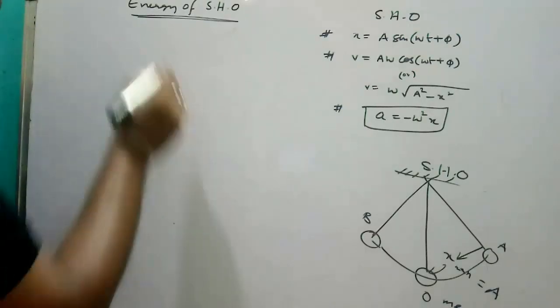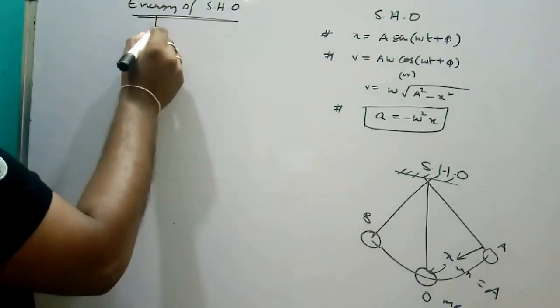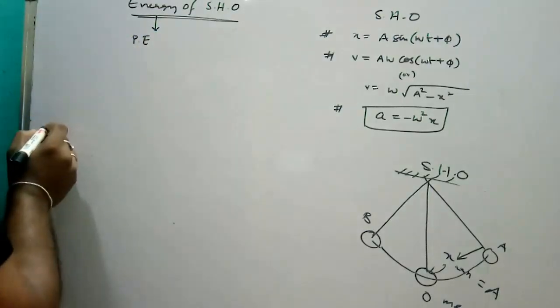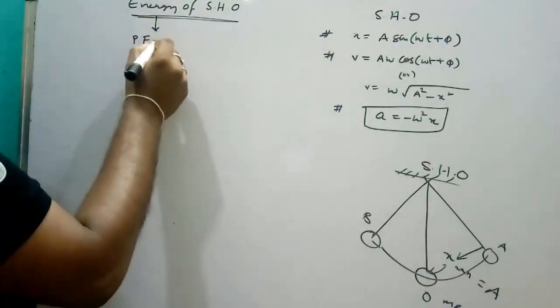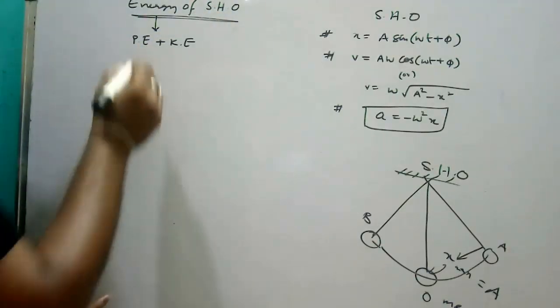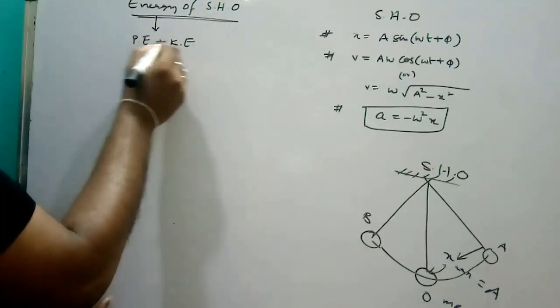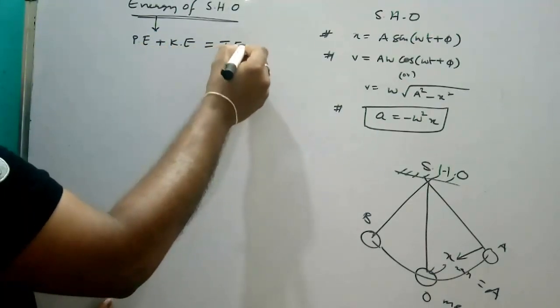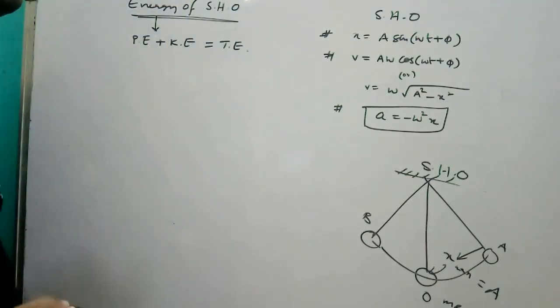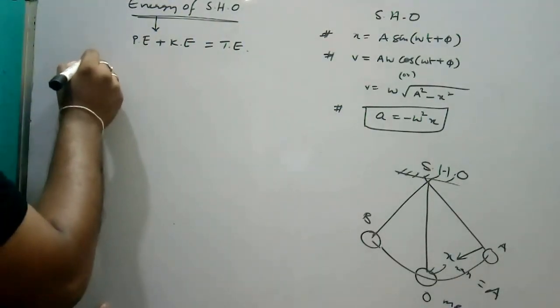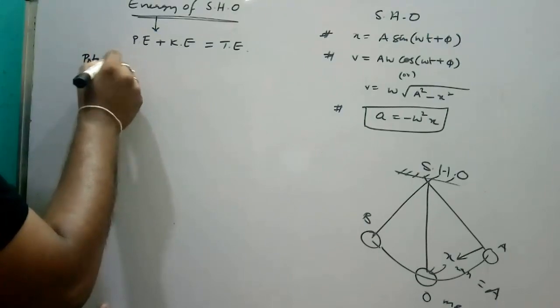Now to find the energy, first we calculate the potential energy plus kinetic energy of the oscillator. The sum of the potential energy and the kinetic energy gives the total energy. What is the potential energy equation?